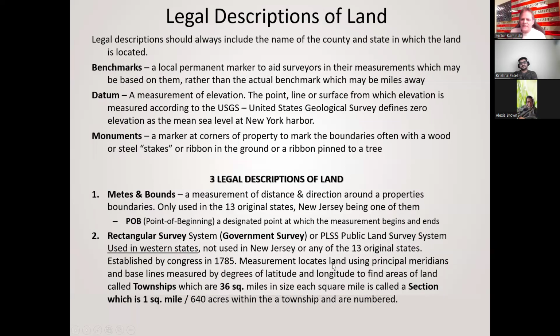The measurement locates land using principal meridians and baselines measured by degrees of latitude and longitude to find areas of land called townships, which are 36 square miles in size, and each square mile within that township is called a section. All right, and those sections are individually numbered.